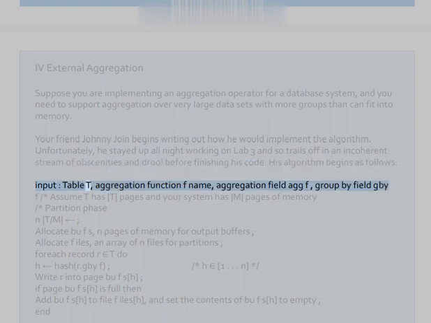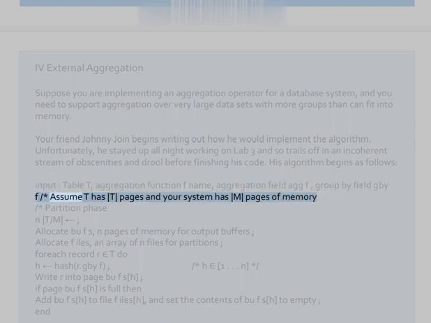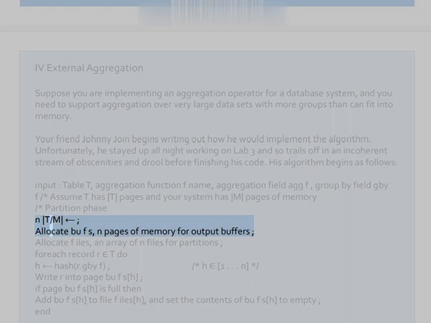Input: table T, aggregation function F name, aggregation field aggF, group by field GBYF. Assume T has |T| pages, and the system has M pages of memory. Partition phase: for each record r in T, allocate BUFS, N pages of memory for output buffers, and allocate files, an array of N files for partitions. For each record r in T do h = hash(r.gbyf) mod N, write r into page BUFS[h].